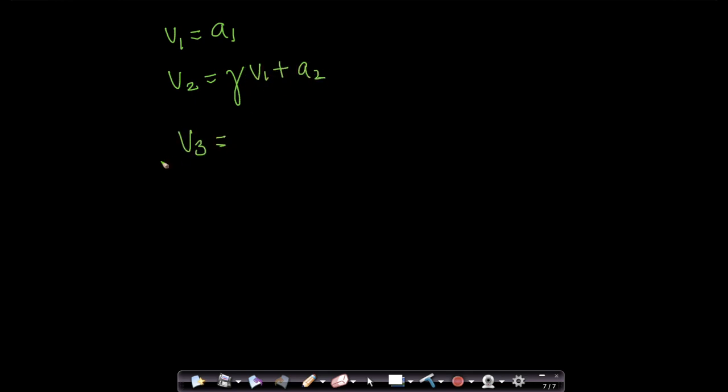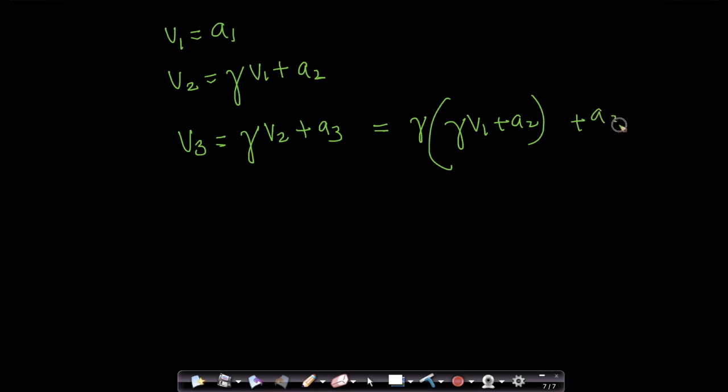Let's say V3. V3 is what? Gamma times V2 plus A3. So let's expand this. What is V2? V2 is gamma times V1 plus A2. So V3 is gamma square V1 plus gamma A2 plus A3.